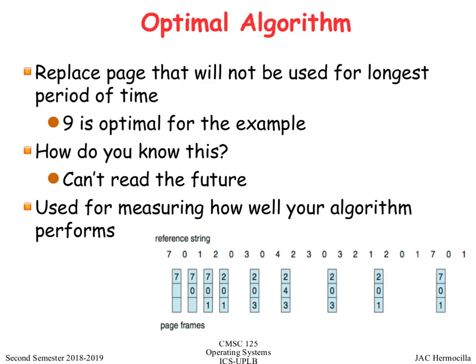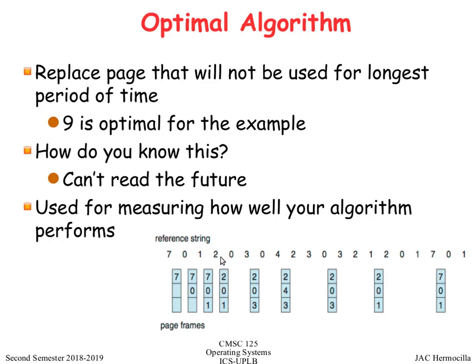Hindi mo talaga gagamitin. Okay, so this is an example. Given the original reference string presented in FIFO, so you have 7, place that, page fault, 0, page fault, 1, page fault, 2. So 2 is not in the memory, right?